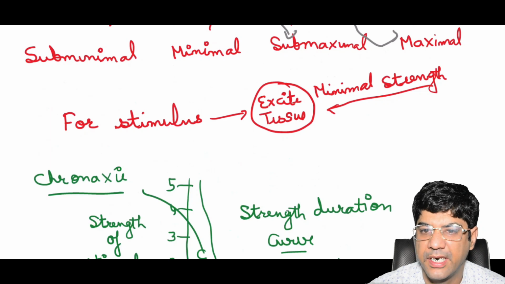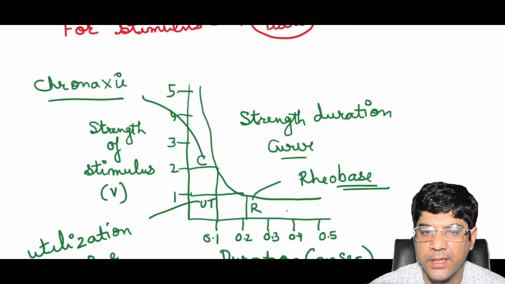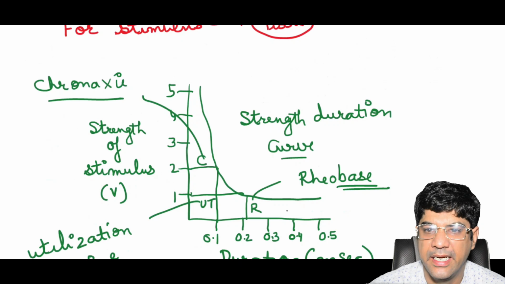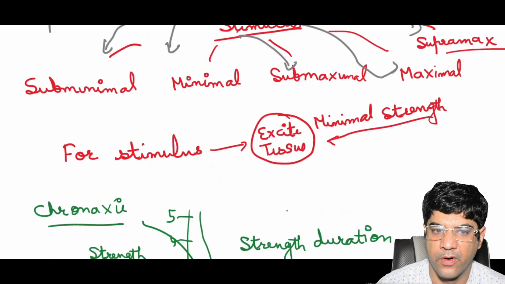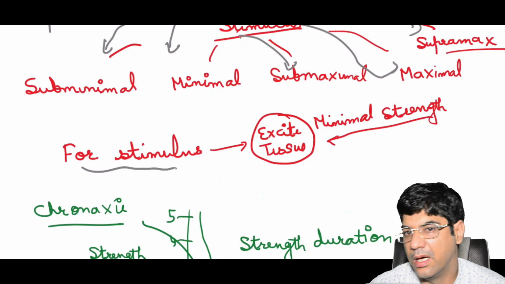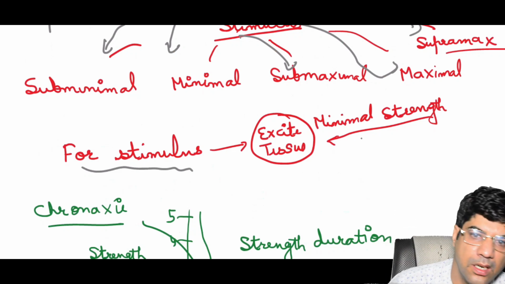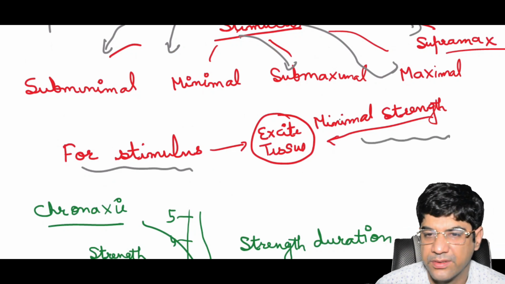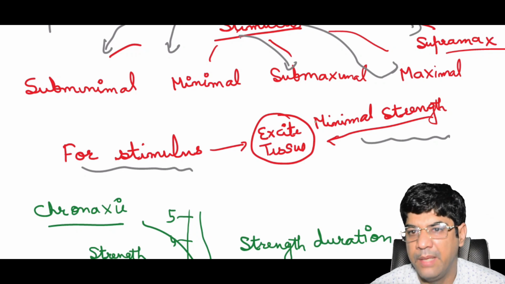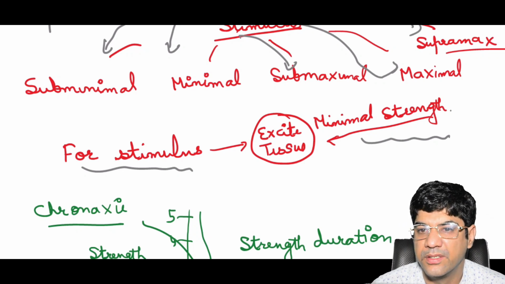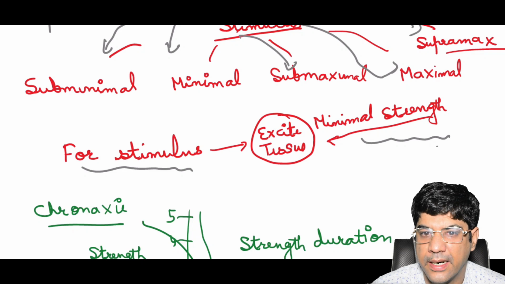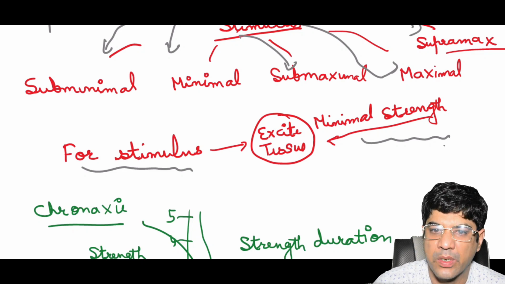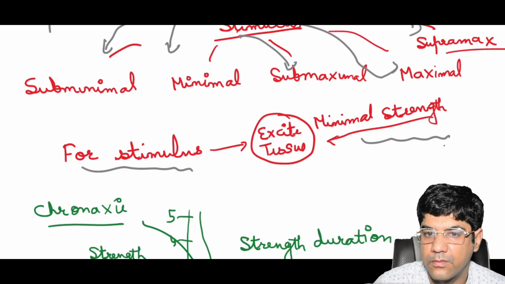Whatever the strength of the stimulus, it must be applied for a minimal duration in order to excite the tissue. So a minimal strength is required in order to excite the tissue. A minimal stimulus has a strength that is sufficient to excite the tissue.